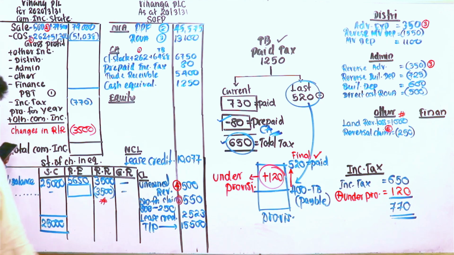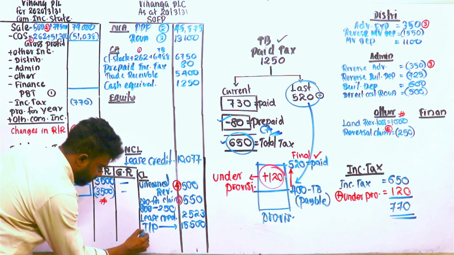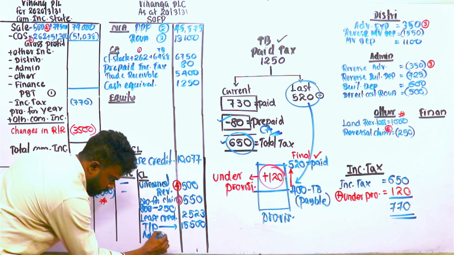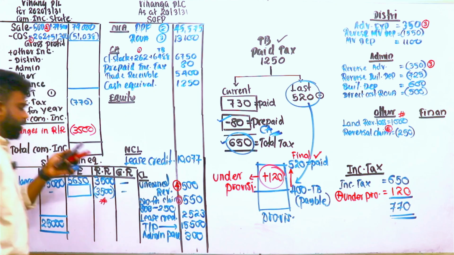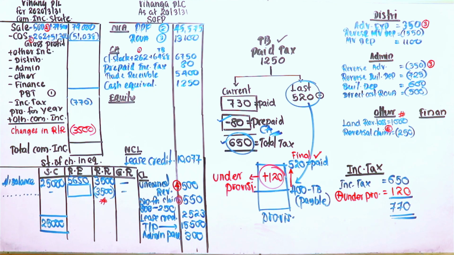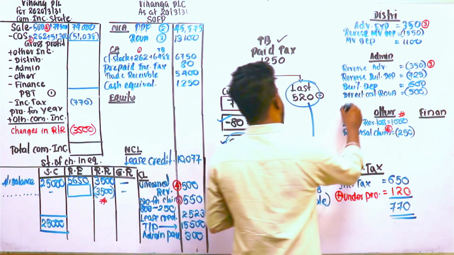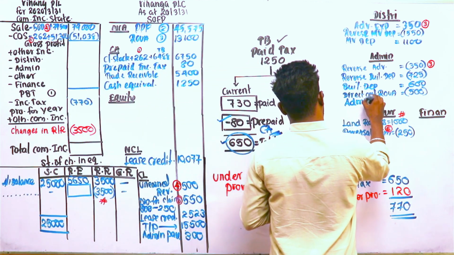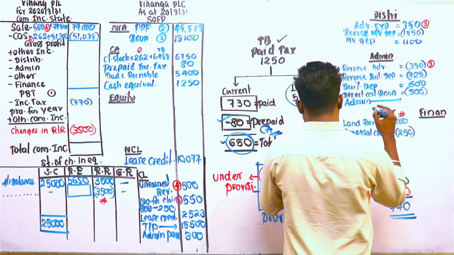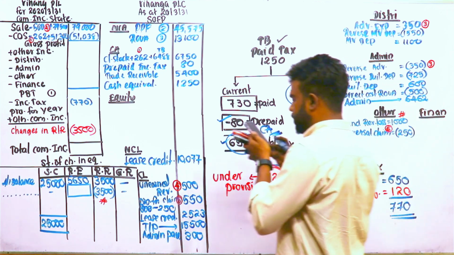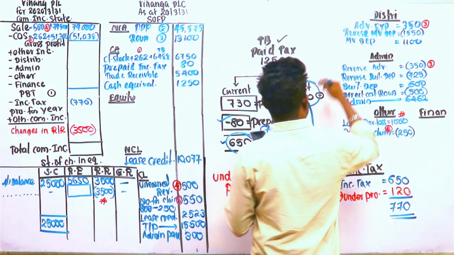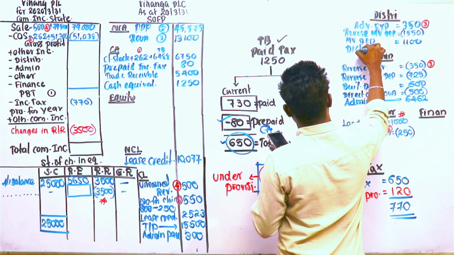General reserves, no. Administration expense payable 300. Admin expense 6,000. 6,462. Distribution cost 5,600. TB balances.